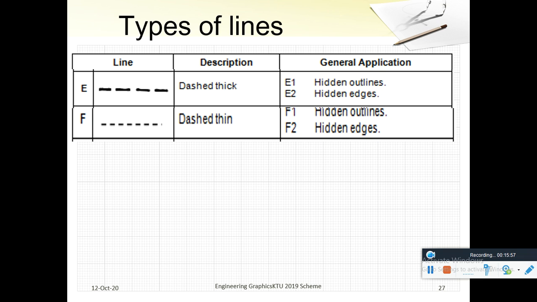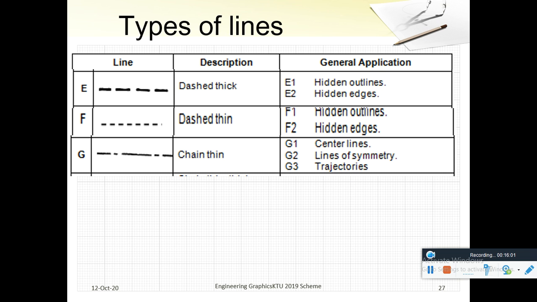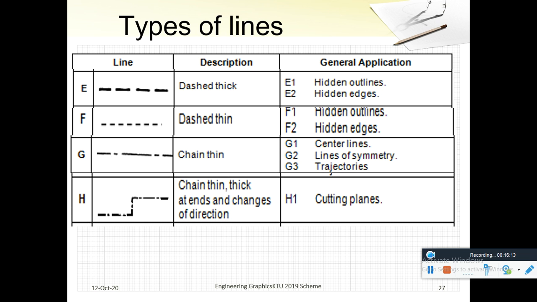Dashed thin line for the same purpose, hidden outlines and hidden edges. Chain thin line: center lines, lines of symmetry and trajectories are marked using chain thin line. For cutting planes, chain thin with thick ends is drawn.